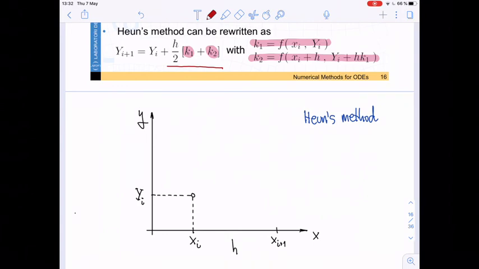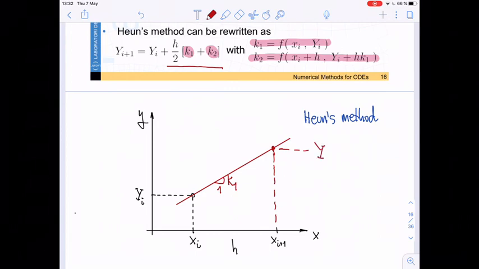Let us illustrate with one step of Heun's method. So in x_i, y_i, we evaluate slope k1. Okay, so this is k1. So that this point here is our prediction y_i plus 1 star. In this point, we evaluate a second slope k2. Okay, so this is slope k2.